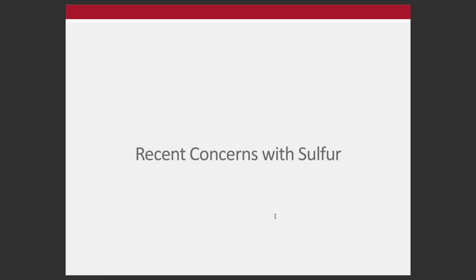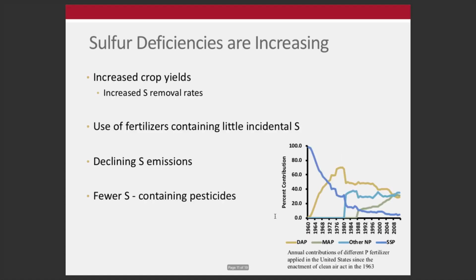Let's wrap up with recent concerns with sulfur and sulfur deficiency. I alluded to this in the sulfur cycling section, but if you look at trade magazines or at what products people are trying to sell or pushing, there's a lot of concern about sulfur, or do we need to fertilize with sulfur, and think about that as a new fertilizer source that we have to purchase.